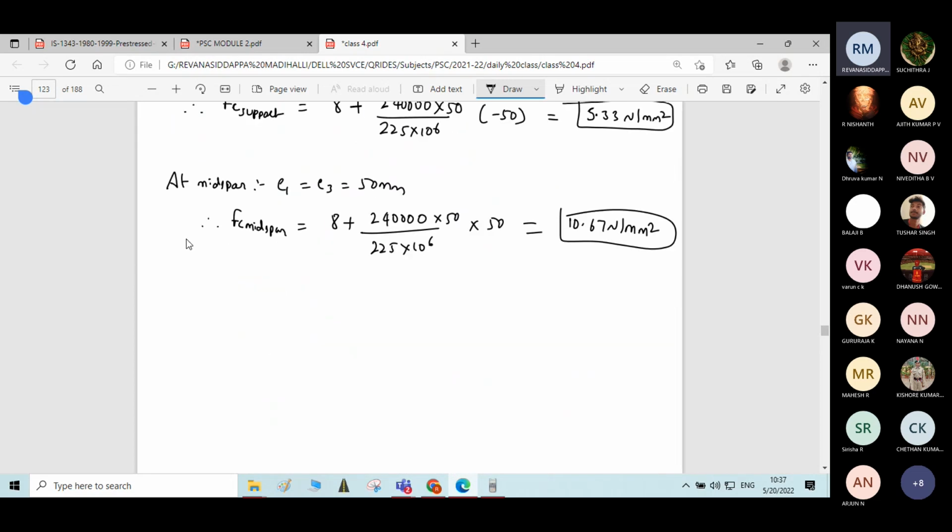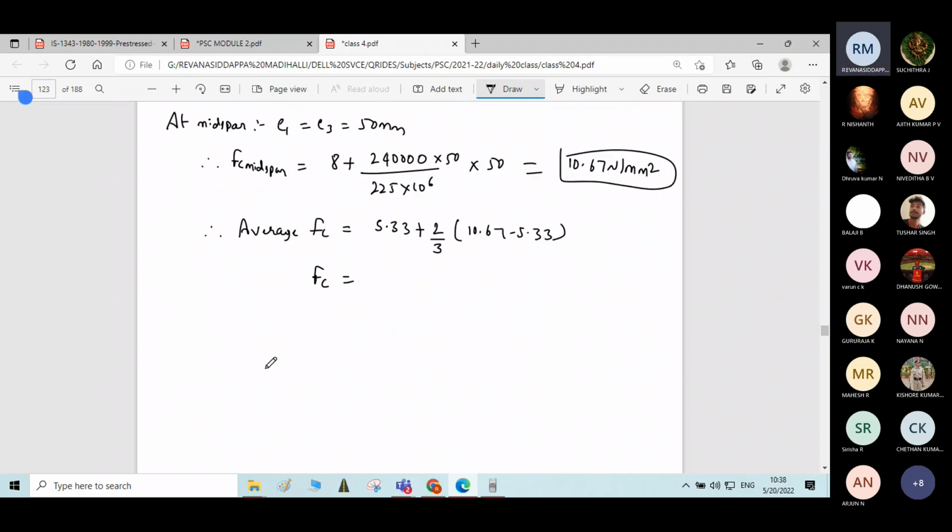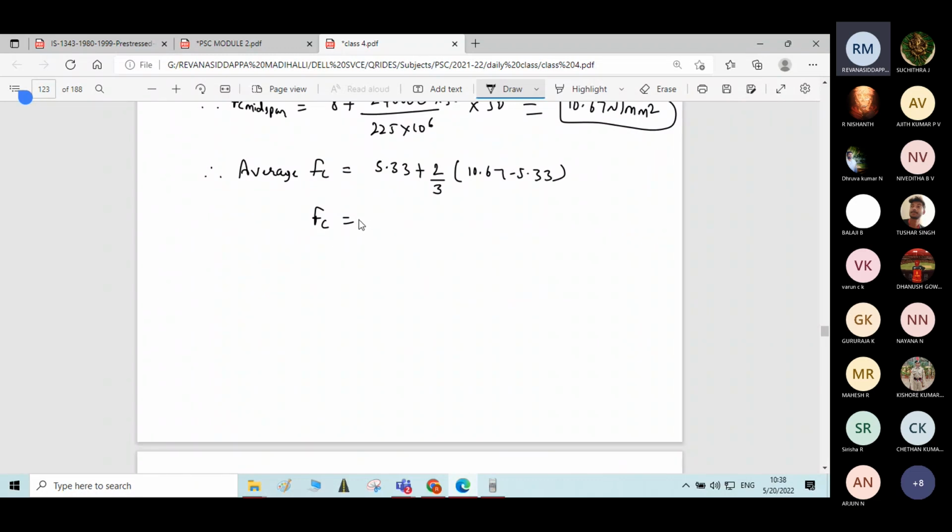Okay, therefore average FC will be equal to the smaller value plus 2/3 of larger minus smaller, 10.67 minus 5.33. By this we'll get the average FC, that is 8.89 Newton per mm square.